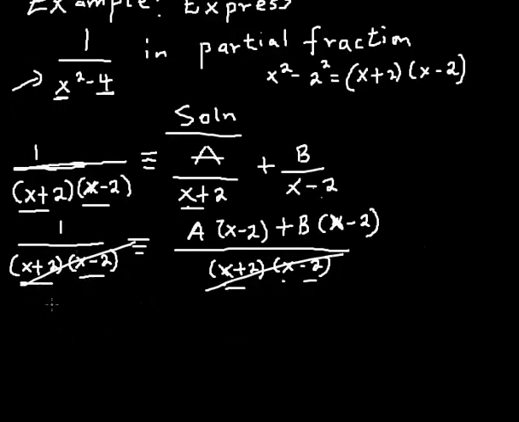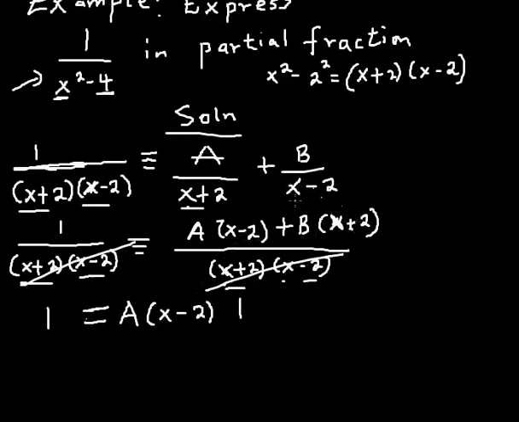So now I'm left with 1, and let me use equal to this time around. This symbol here means equivalent. So now let's work on this. 1 is equal to a bracket open s minus 2, then plus, this was supposed to be s plus 2.